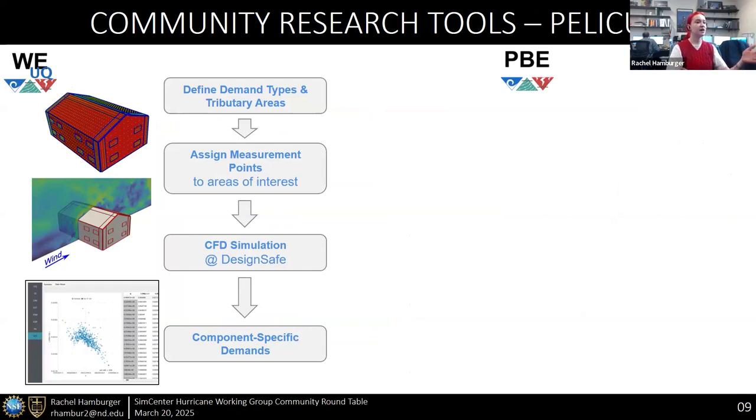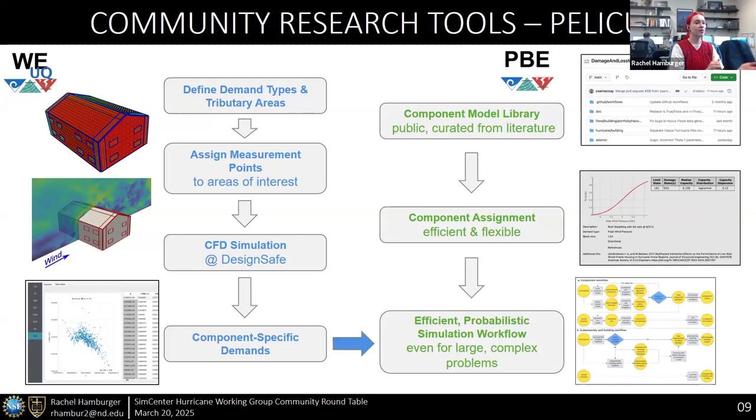So first, the user can use the WeUQ application that Adam talked about to find component level pressures from a CFD simulation that will be hosted on DesignSafe. And then from there, a component level damage analysis can be conducted through the PBE application, which begins by querying that damage and loss database and assigning appropriate fragility parameters to the components.